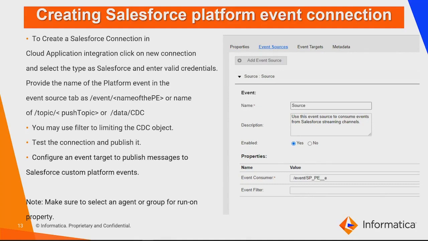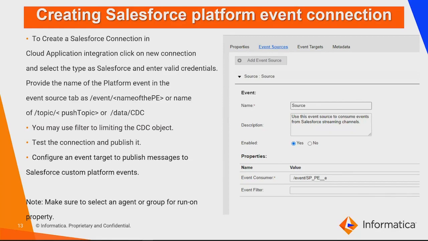In case you are connecting to change data capture, then you need to prefix with /data followed by your CDC name of the object followed by change request. You may also use filter in order to limit the records for your CDC object. You can click and test the connection and publish it.